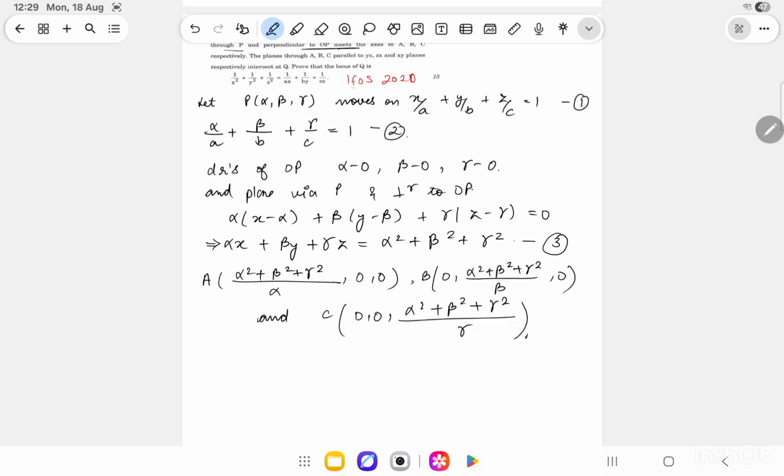So they further say that the planes through A, B, C are parallel to the YZ, ZX and XY planes respectively. So the equation of the plane via point A, which is parallel to the YZ plane.